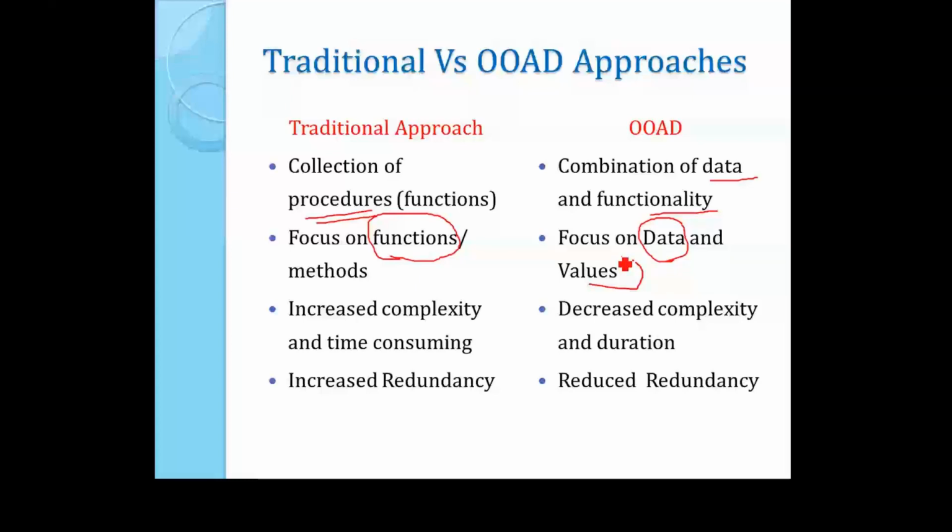Due to this idea, there is increased complexity, and the traditional approach is totally time consuming. But the next one, OOAD, has decreased complexity and we can also program it quickly. And the last difference is that redundancy is always more in the traditional concept, but in OOAD we have totally reduced the redundancy. That is the difference between the traditional and OOAD approach.